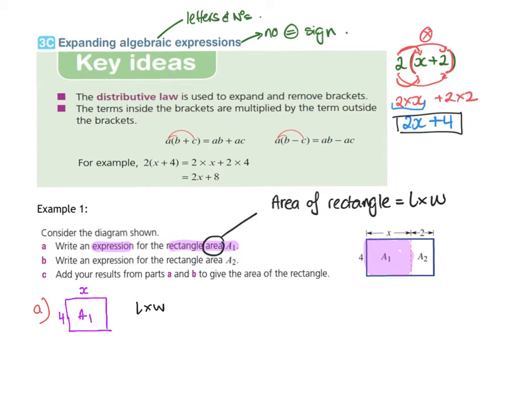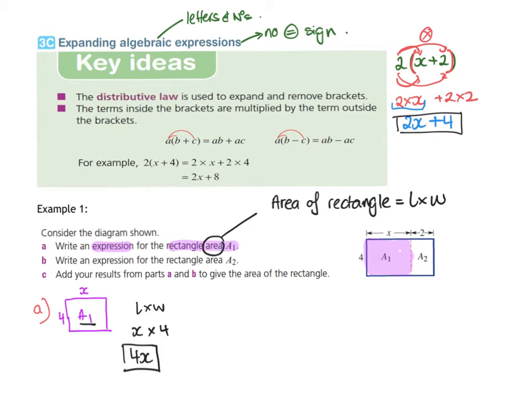What's the length in my rectangle here in A1? Doesn't matter which one you pick. We're going to say maybe x, and if x is the length, the width would be 4. Now, can I write x4 or 4x? 4x. So there you go. That's the answer, an expression for the area of that rectangle.